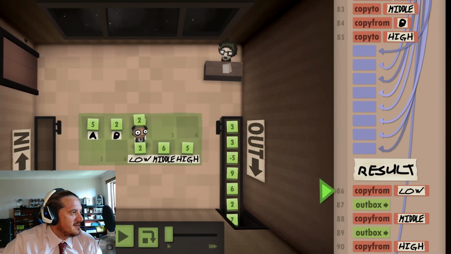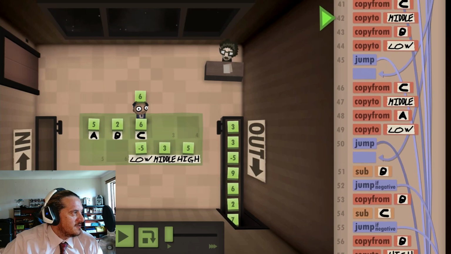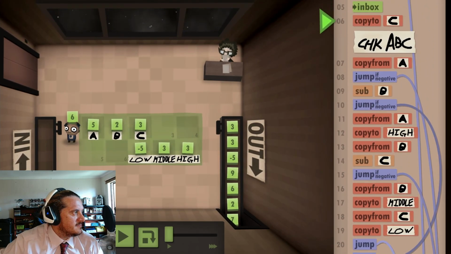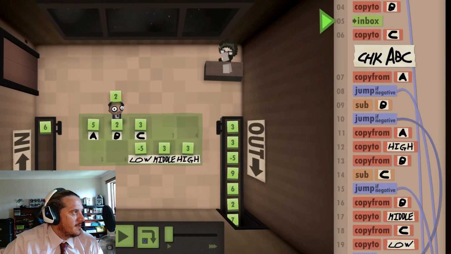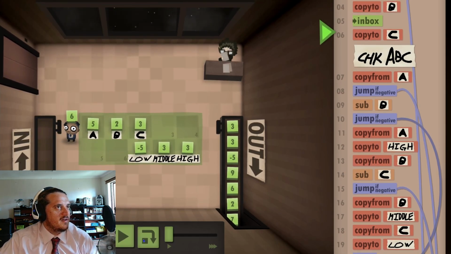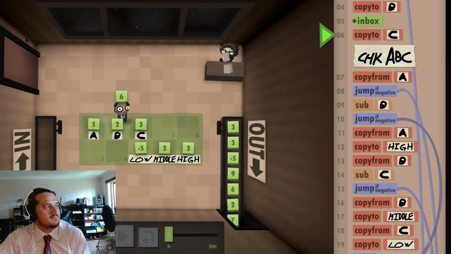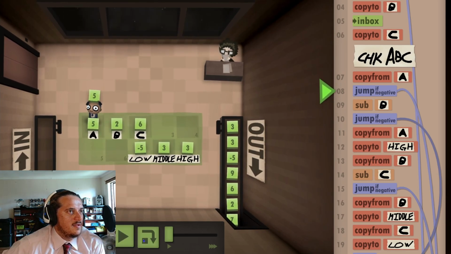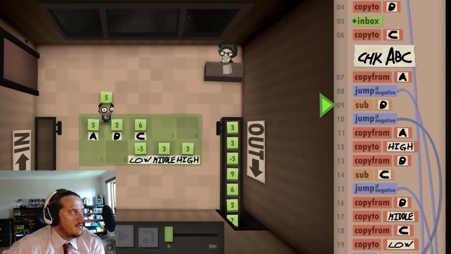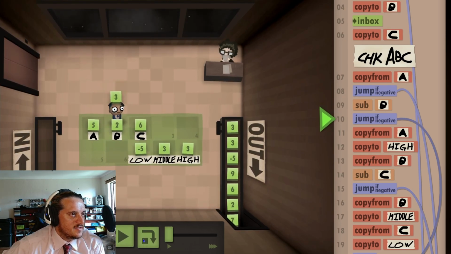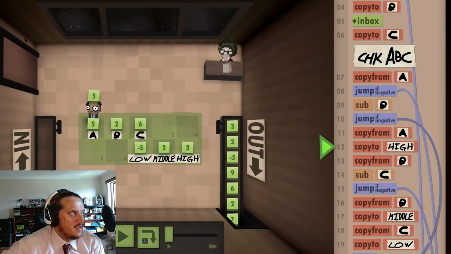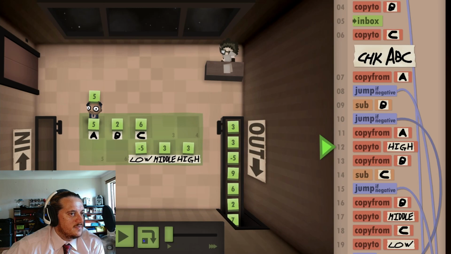Let's go back and see where it got that wrong. Okay, so we got 5, 2, and 6. And now I'm going to grab A. It's not negative. I'm going to minus B. Yes, still not negative. So I'm going to take A and put it into high.